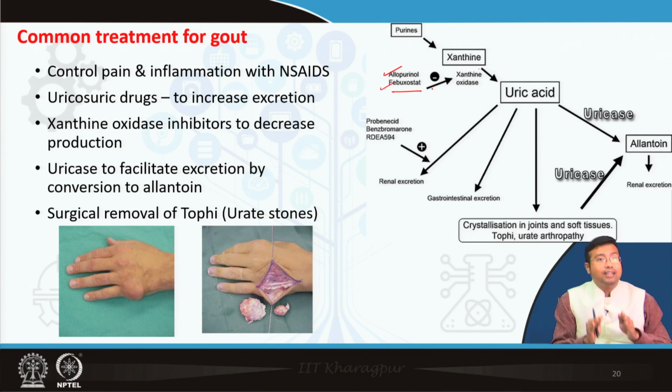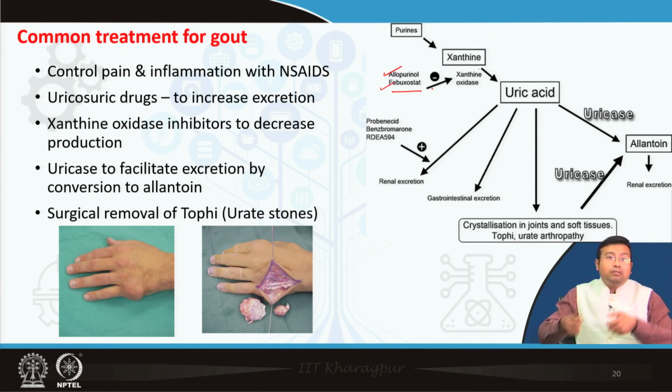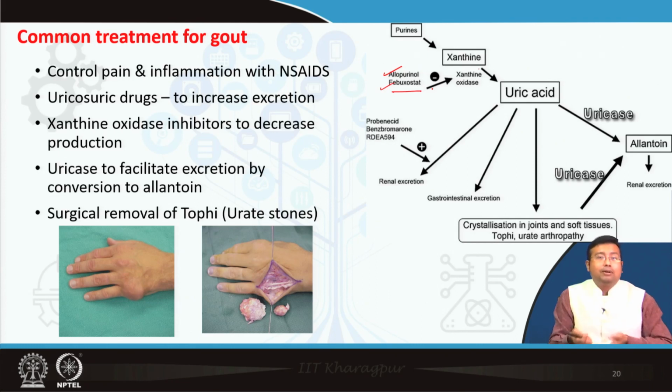There are scenarios in which there is hyperuricemia with renal failure, so the excretion of allopurinol will be hampered. There are also situations in which there is hyperuricemia with liver failure, then we need to stick to febuxostat. So, depending on the patient condition, we need to adjust the drug. Both of them are actually xanthine oxidase inhibitors.